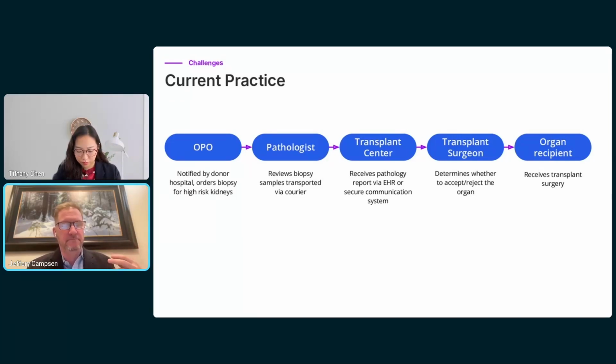Then these digital interpretations and even the slides can go to the transplant centers. Eventually, it makes its way to the transplant surgeon or the transplant nephrologist, who takes all the information, including the biopsy, and determines whether or not they'll accept the organ. If the organ's accepted, it then goes to the transplant center where the patient gets their transplant.